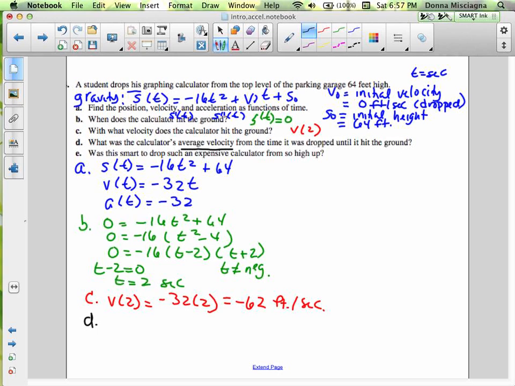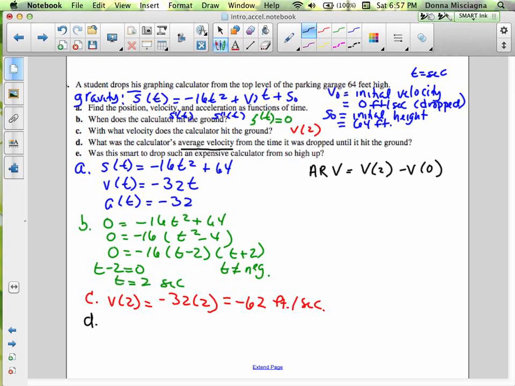Average velocity. So just to redo that, what we're actually finding is the average rate of change of velocity, because that's the change we're looking at. From the time it was dropped to the time it hit the ground in 2 seconds, so v of 2 minus v of 0.